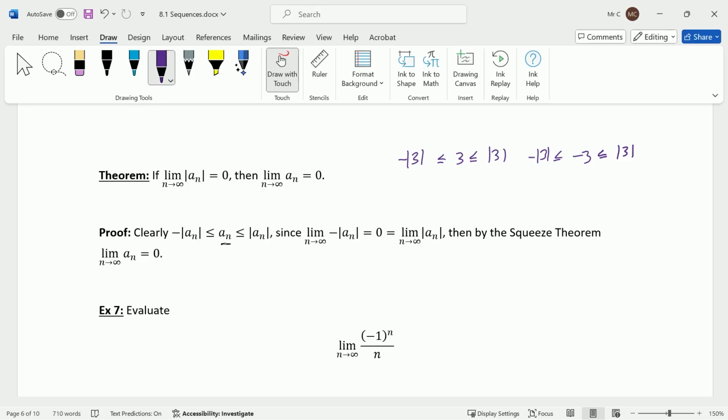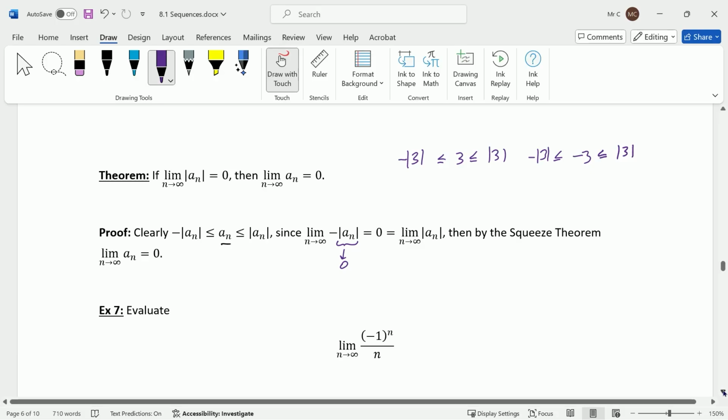So any term is between its negative absolute value and positive absolute value. And since the absolute value is going to 0, then the negative of that is also going to 0. And so both of the limits on the ends approach 0, and by the squeeze theorem, the limit as n goes to infinity of a sub n is also 0.